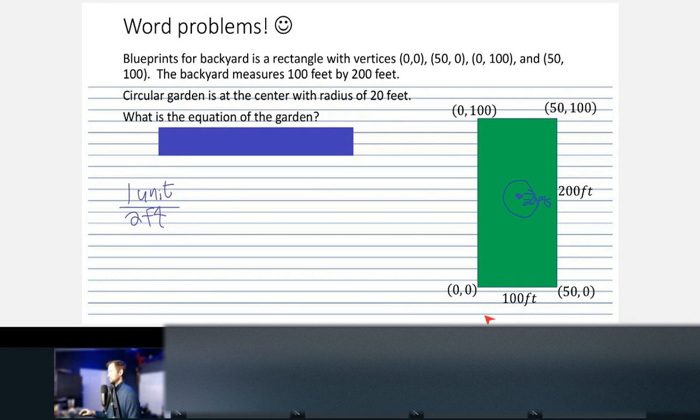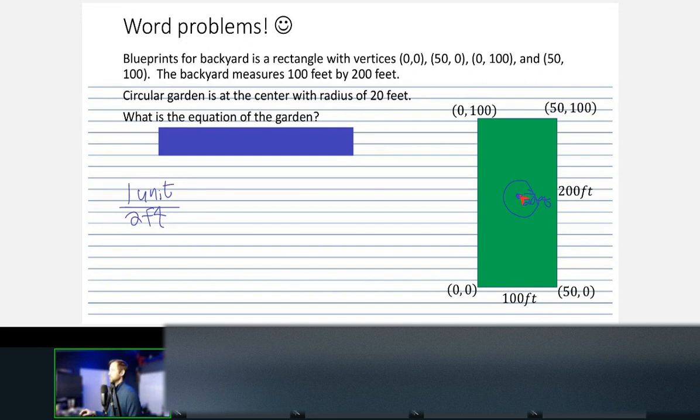So from 0 to 50, what's the midpoint? 25, yeah. And then from 0 to 100, what's the midpoint? Yeah, not 0 comma 50, I'm sorry. So 25 comma 50 would be the center of our rectangular backyard.